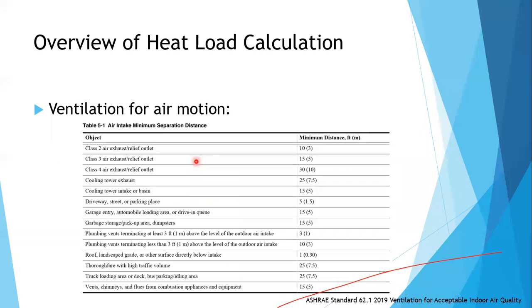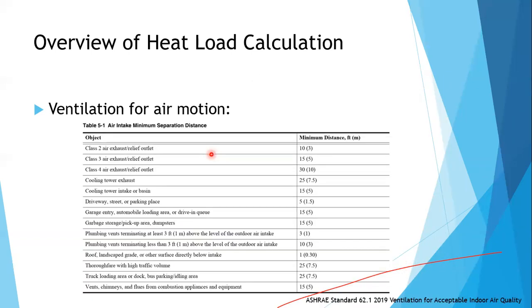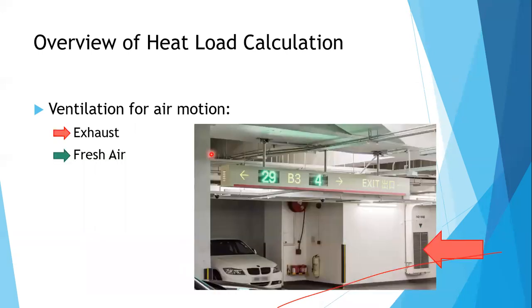For other applications, for other purposes, you can use this table 5.1 to determine how far your exhaust and your fresh air are needed. What is the distance needed? For example, here, this one is a car park.